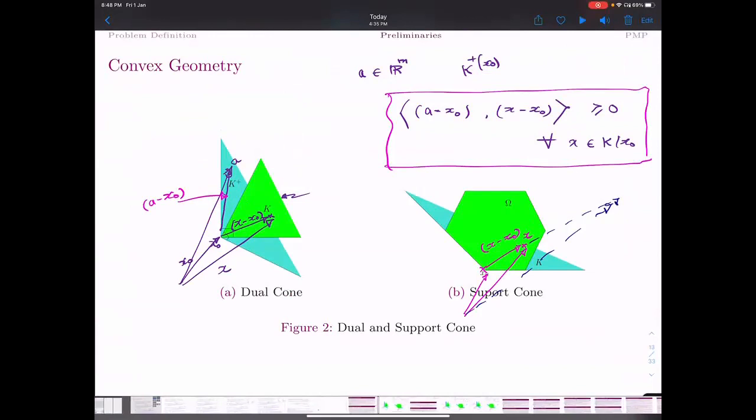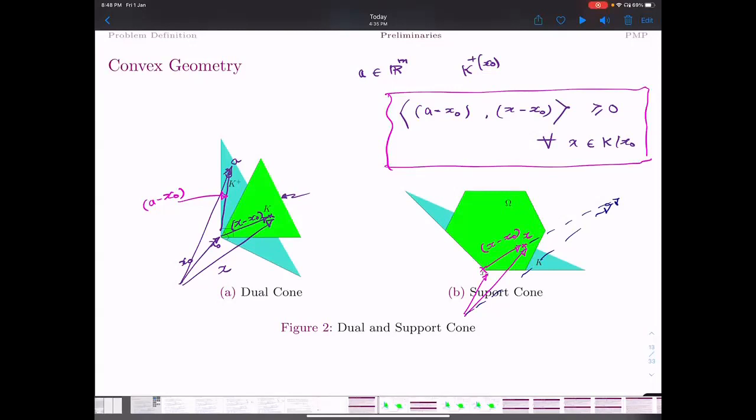In these two figures, take the one on the left-hand side. You can see K, the green one, and K plus, the bluish-green one. K plus is the dual cone of K. K is a convex cone to start with. It's a cone at the point x naught, the vertex of the cone. It's very important to specify the vertex of a cone.